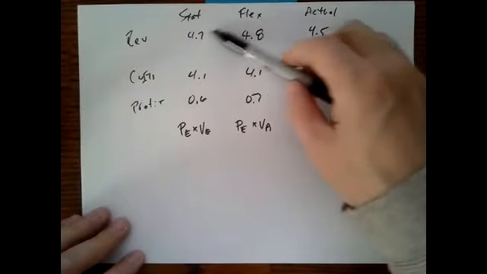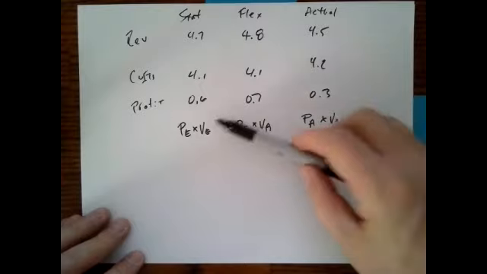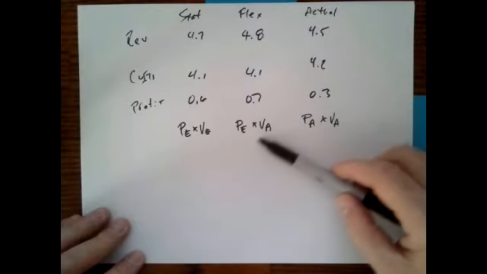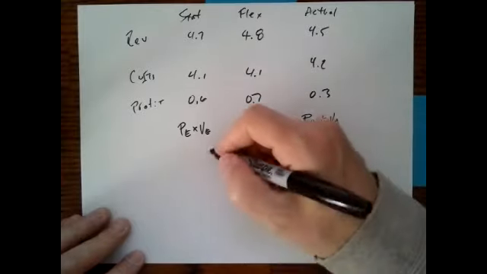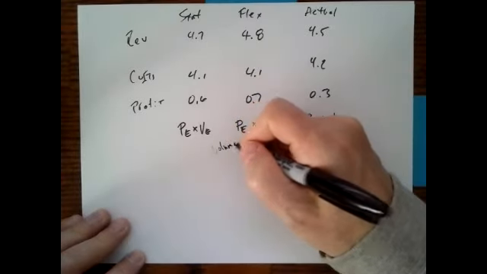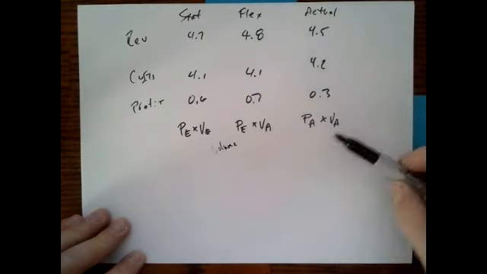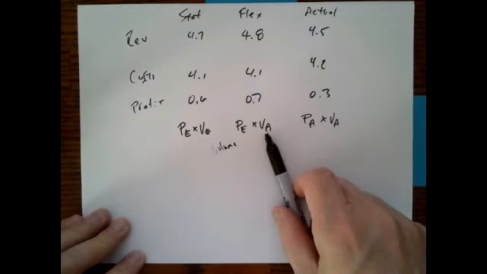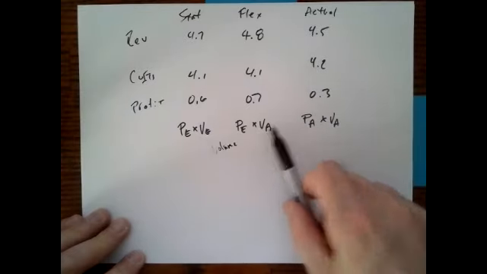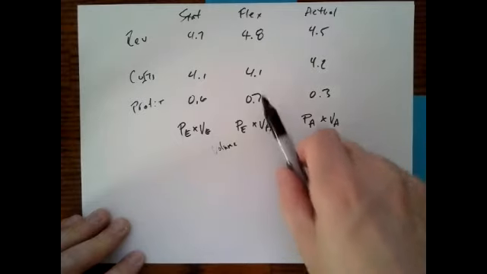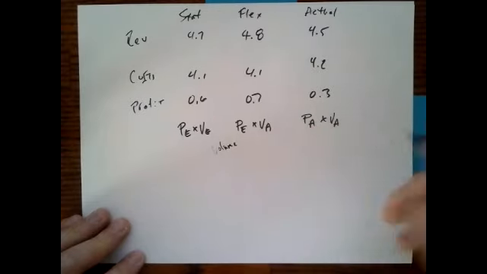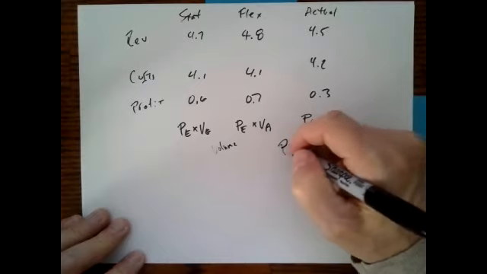And so the difference between the stat and the flex numbers is volume. So the difference here is volume. And then between flex and actual, if you look here, we're using actual volume and actual volume, the difference between flex and actual is price.